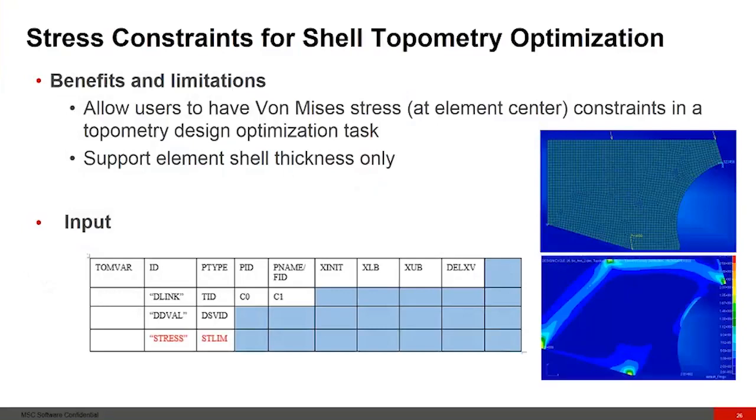Once again, for our shell topometry optimization, you can also do the same thing. You can apply a von Mises stress constraint at the element center, similar to the shell topology, and similar to the TOPVAR entry, you can also define a stress limit in the last row, as shown.